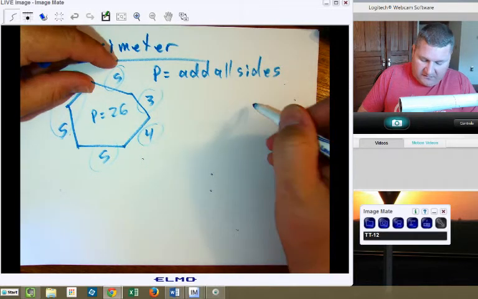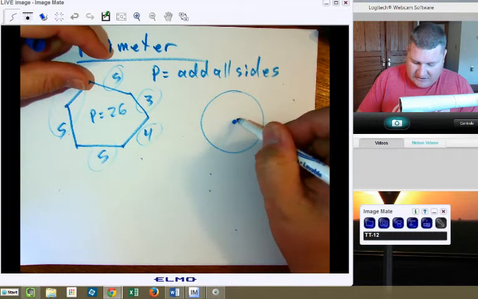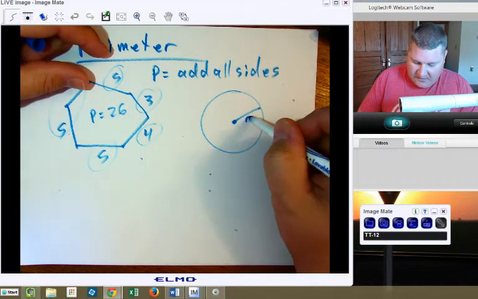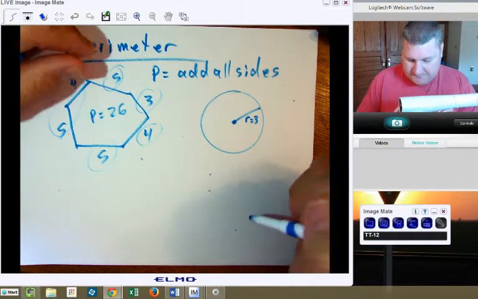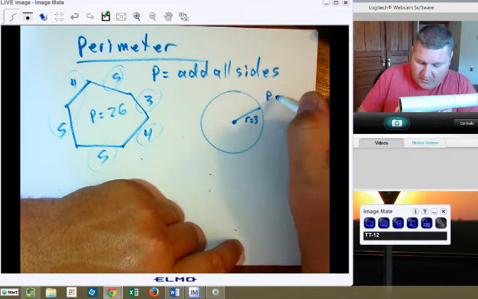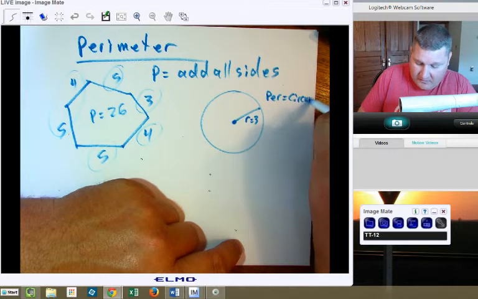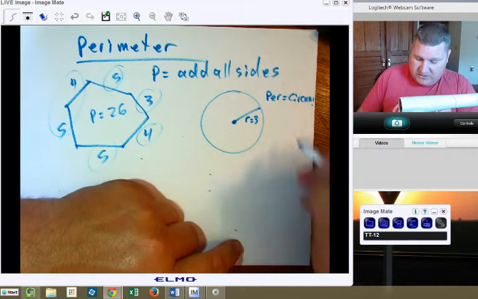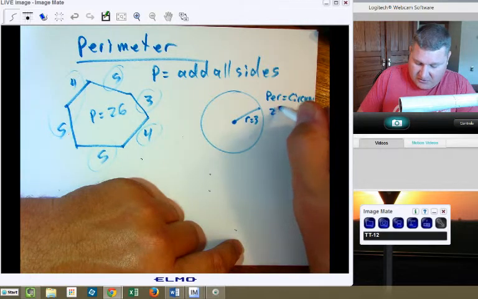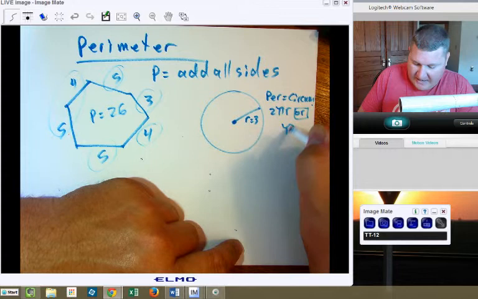Now, we also have, remember this guy, our circle. Now, a circle, of course, has a center, has a radius, and let's call that radius 3. If that center with radius 3, I need the perimeter of a circle. Well, perimeter for a circle equals its circumference. Now, circumference of a circle is going to be 2 pi r, or pi d.